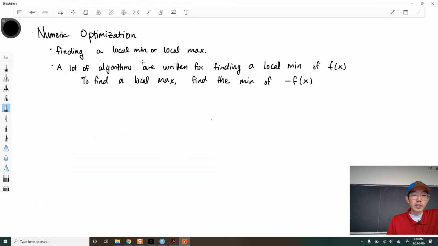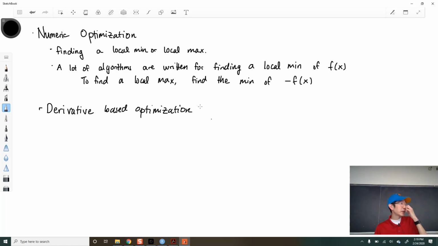All right. The first set that we're going to look at is derivative-based optimization. This is simple and straightforward. In calculus, you learn for a continuous function, a local min or local max will have a derivative equal to what?